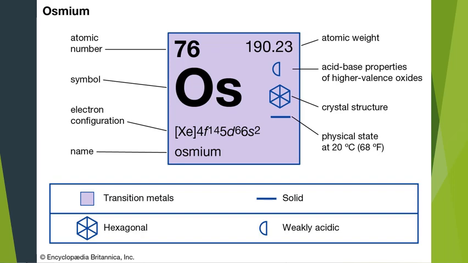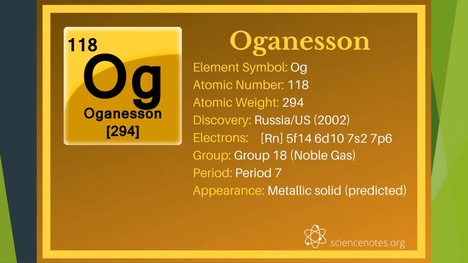If you talk about the metal osmium, which is the heaviest metal in the periodic table by density, atomic weight 190 and atomic number 76, a transition metal, solid state and hexagonal structure, which is weakly acidic in nature. Oganesson, which is also the heaviest element by atomic weight, that is 294.